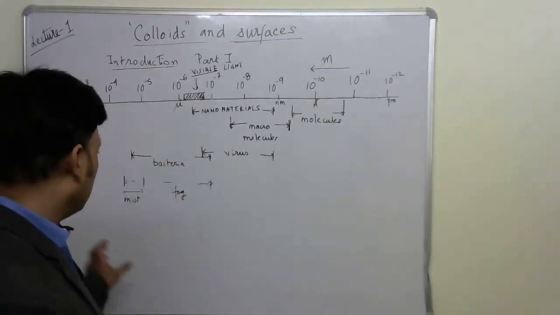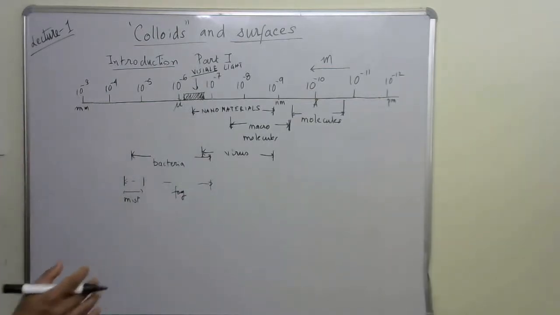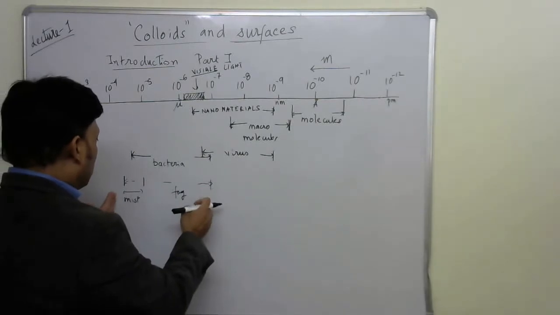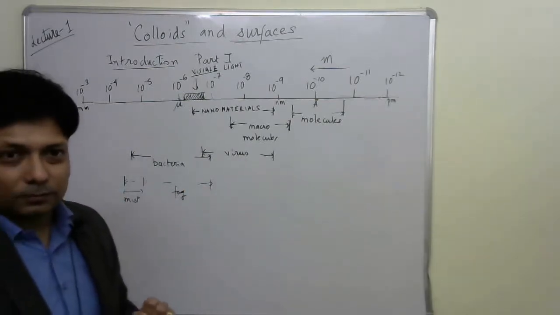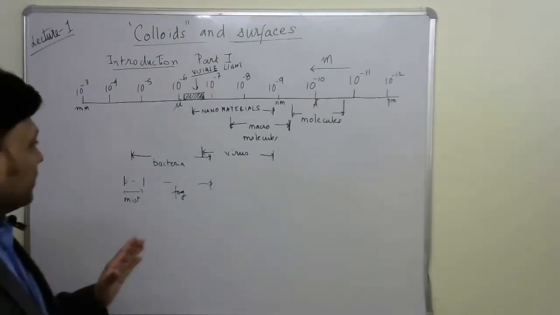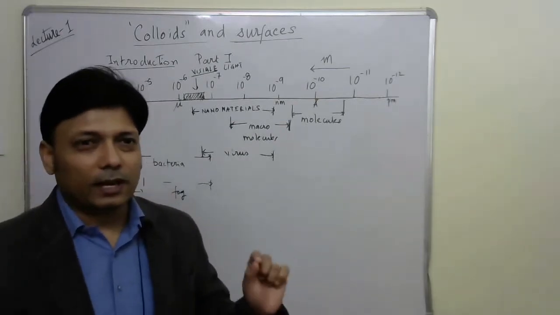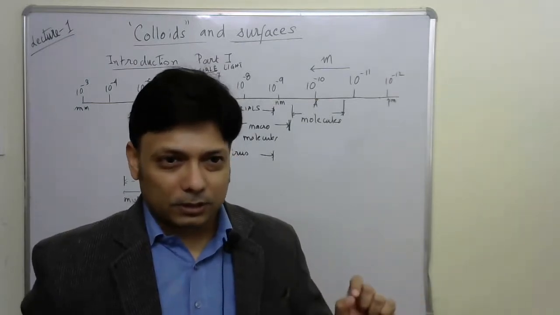There is a slight difference between mist and fog, but we may come to that point later. But fog, mist, whatever it is, they have a size range pretty close to the bacteria. Good. Now with all these things, the only thing left to demarcate is the colloidal materials.